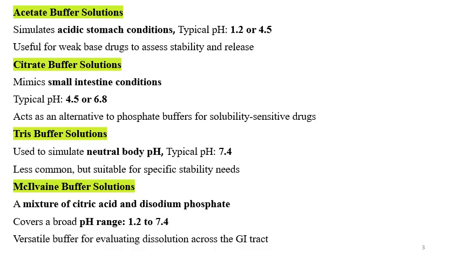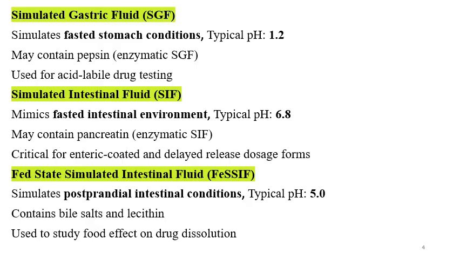Then another is McIlvaine buffer solution. McIlvaine buffer solution is a mixture of citric acid and disodium phosphate, and it can cover a wide pH from 1.2 to 7.4, and it is a versatile buffer solution for evaluating the dissolution across the GI tract pH conditions.